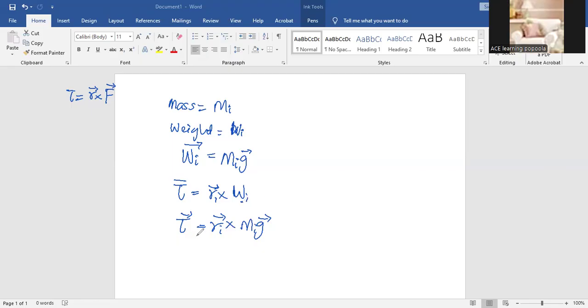Now, the total torque, because we are considering the sum total of particles in an object.